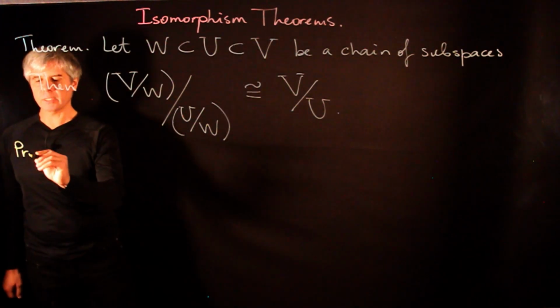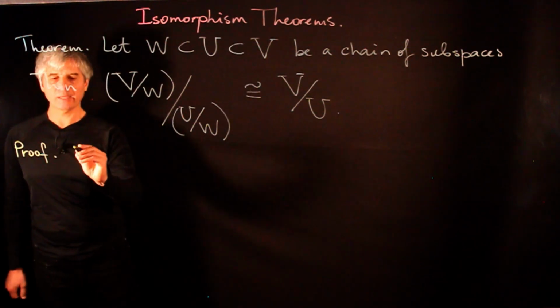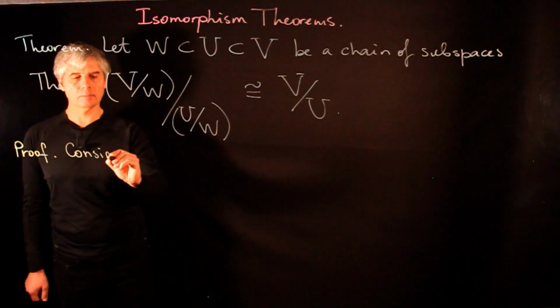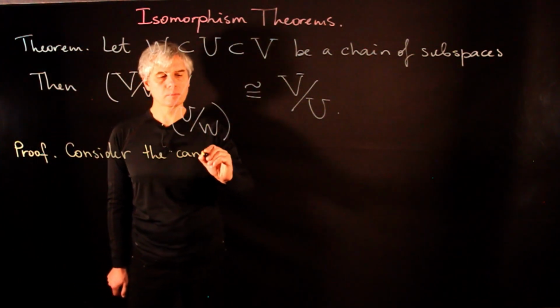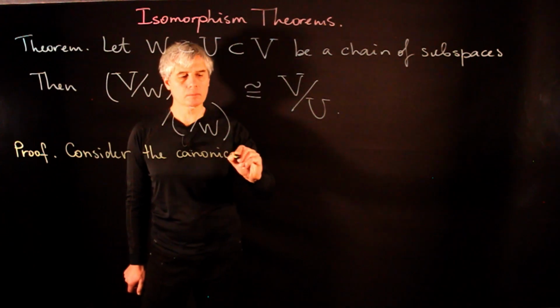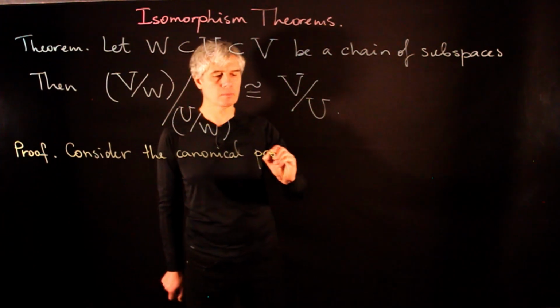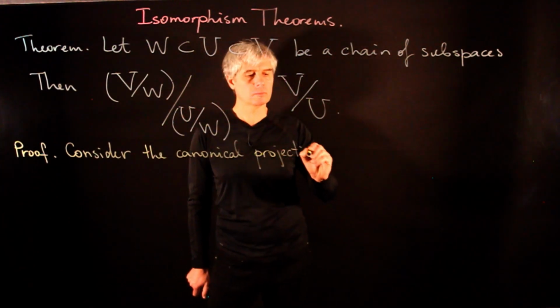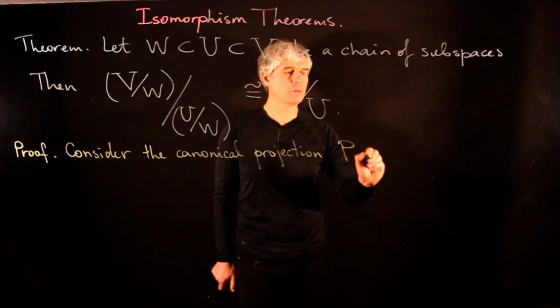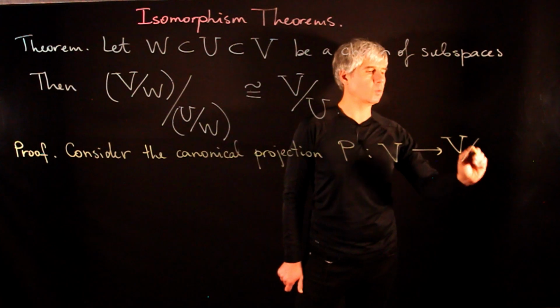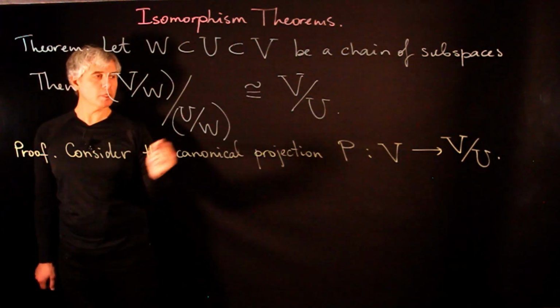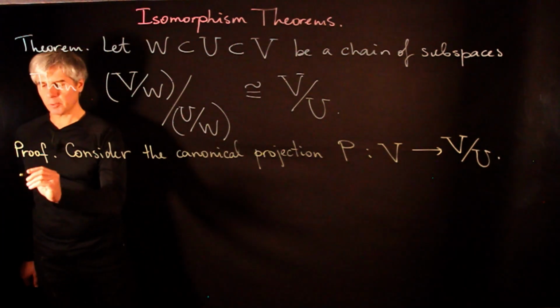Let's give a proof of this result. Consider the canonical projection P from V to V quotient by U. So what do we know about this linear transformation?